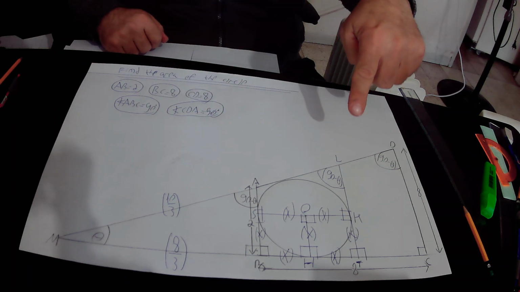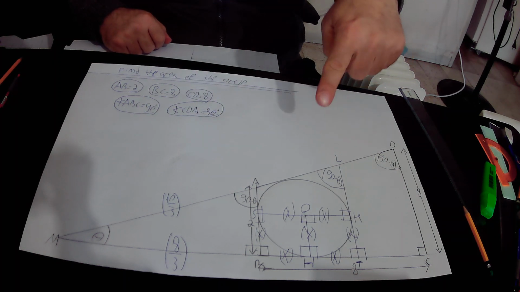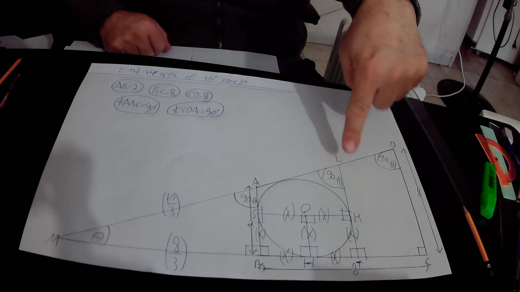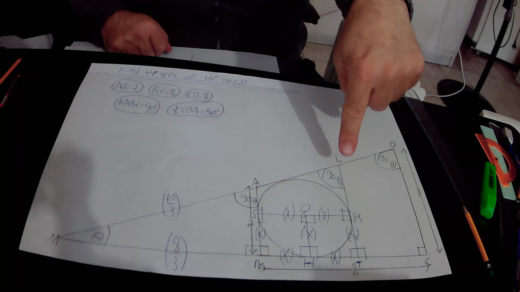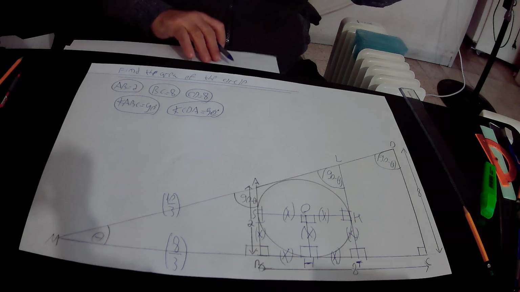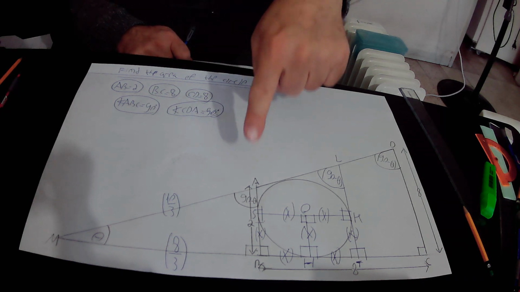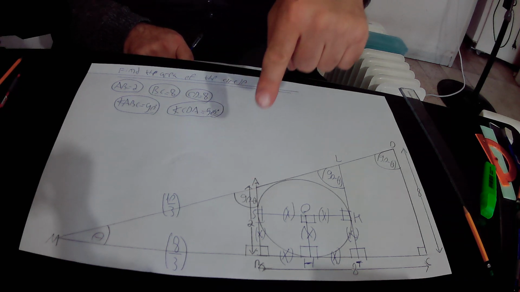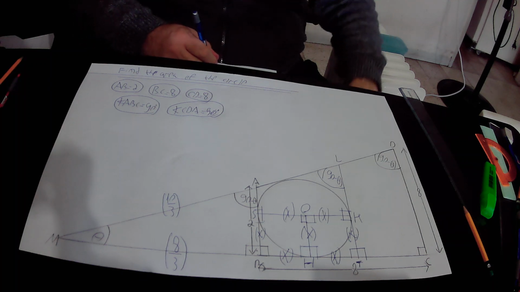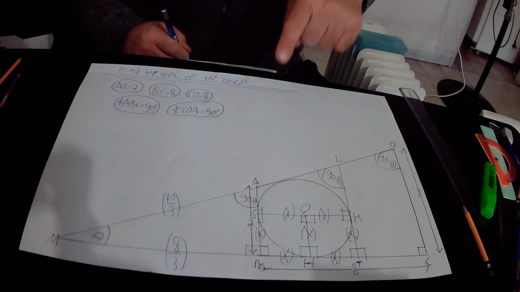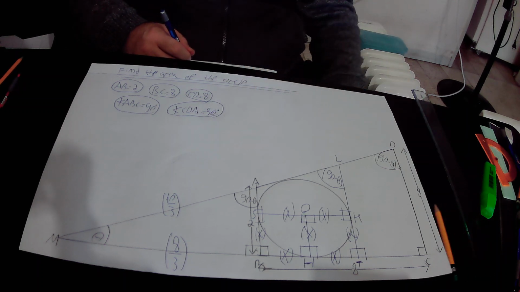So actually, this is angle MLT in the middle triangle LMT, and it equals this angle, which is actually angle MAB in the small right triangle MBA.